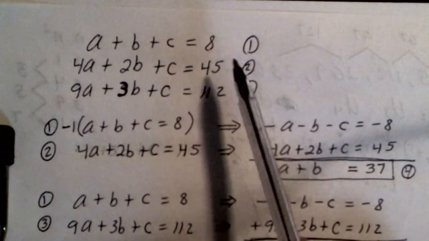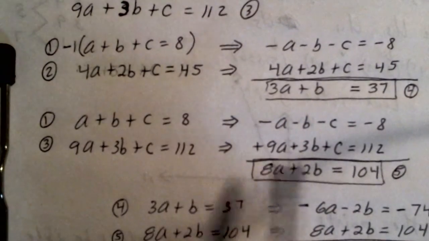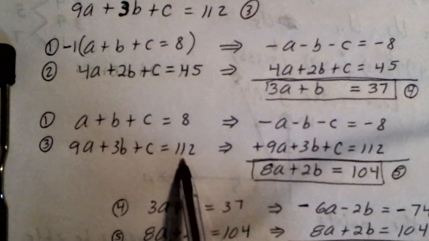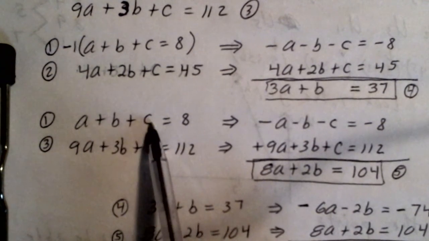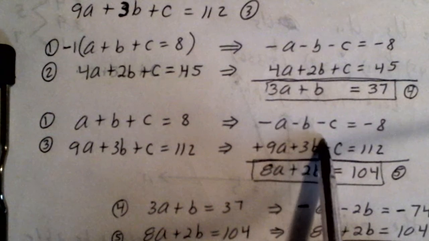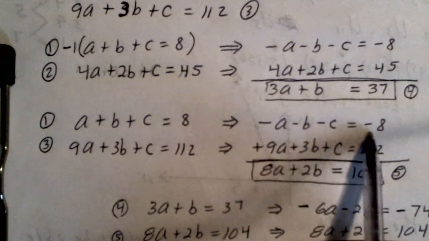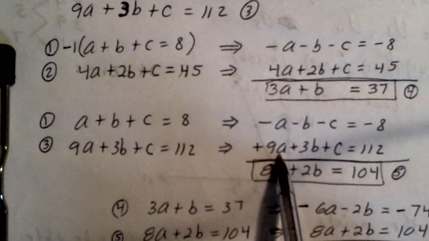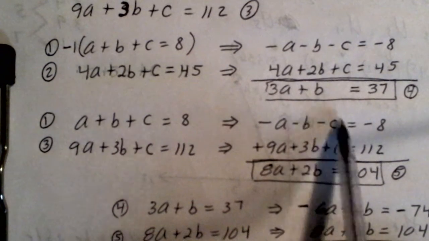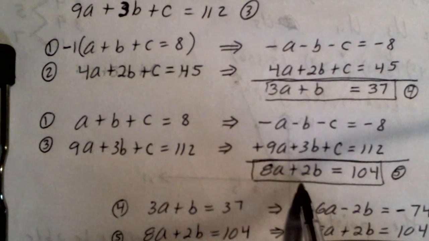I'm now going to pair up equations 1 and 3 and also eliminate c. Multiplying the first equation by -1, we get -a minus b minus c is equal to -8. Adding that to equation 3, c drops out, and we're left with equation 5.